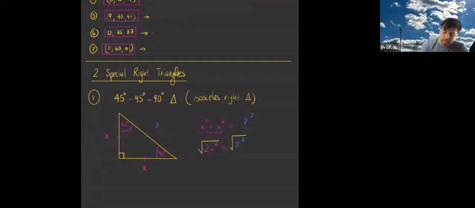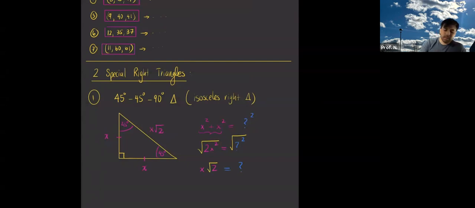The question mark is equal to the square root of 2x squared. I can take the square root of x squared, and that's equal to x. But rad 2 is just rad 2. So the hypotenuse is x rad 2.